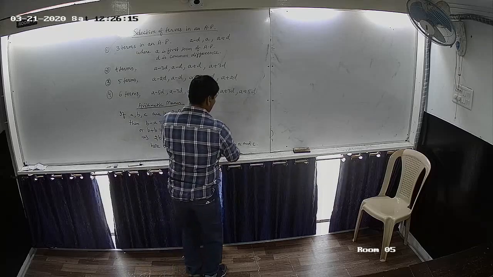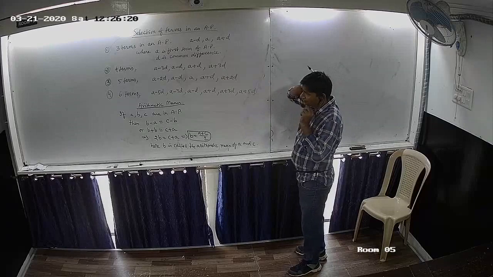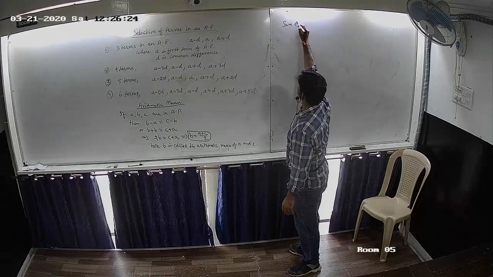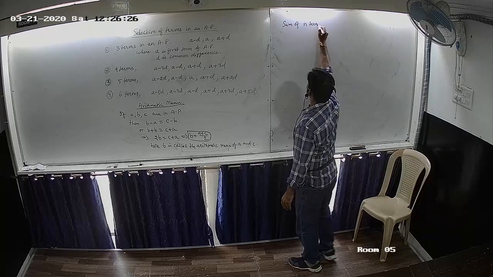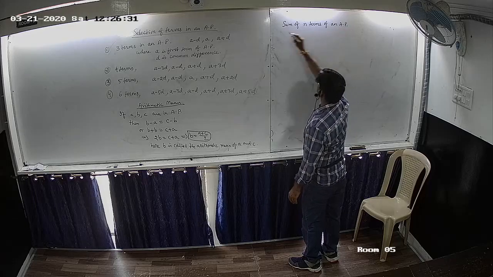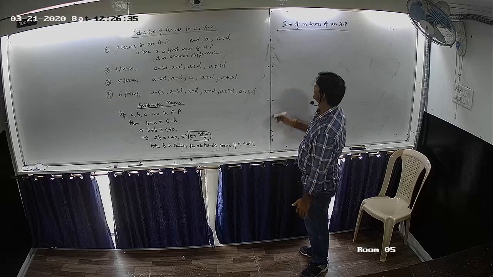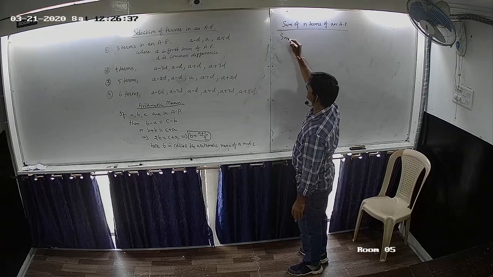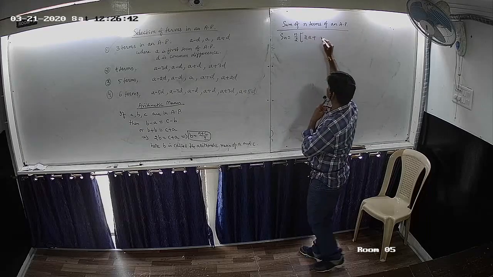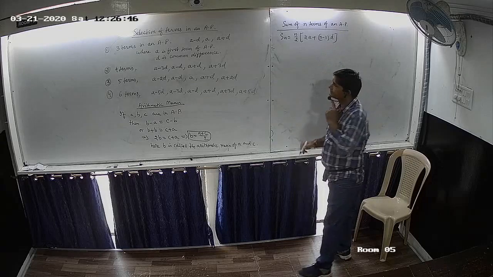Let us now go on and find the sum of n terms of an AP. We know very well it is given by Sn is equal to n by 2 into 2a plus n minus 1 into d. We already proved this.